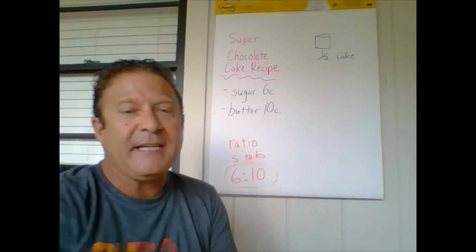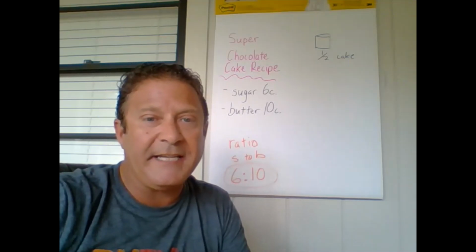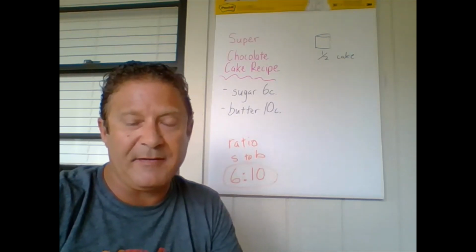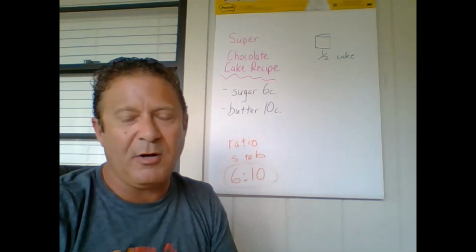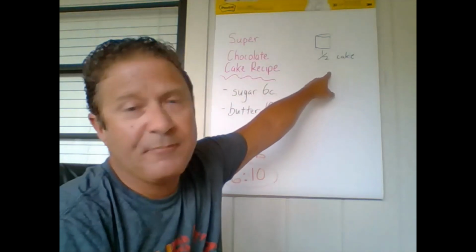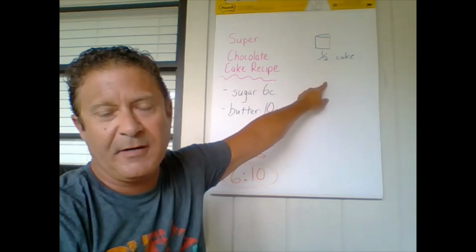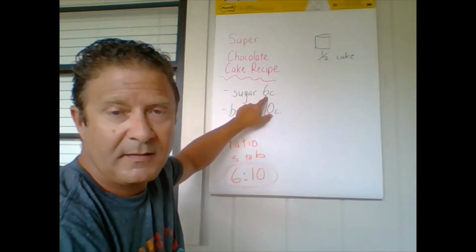So I can do this the same way to come up with an equivalent ratio. I can divide each number instead of multiplying, because this time, instead of making a bigger recipe, I'm trying to make a smaller recipe. If I'm trying to make something smaller, I divide, right? So if I'm trying to make only half a cake, I'm going to divide each ingredient by 2.